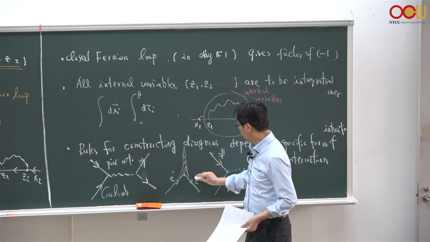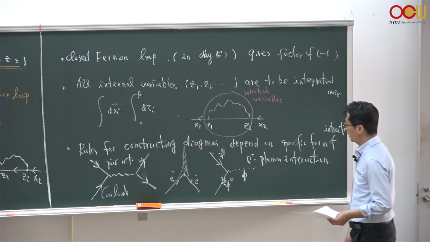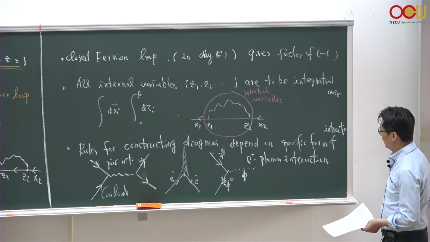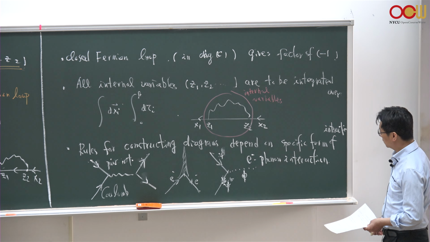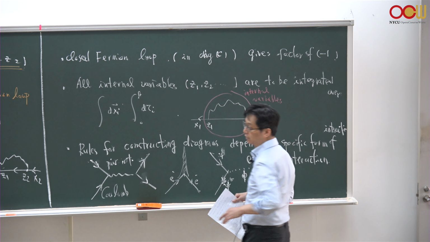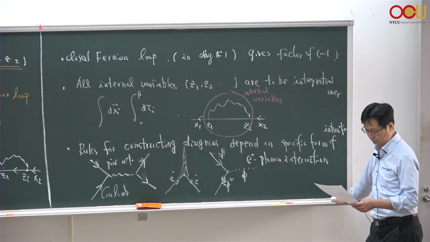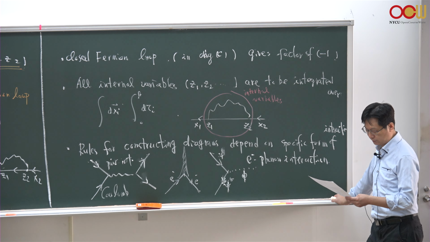So this is impurity, or disordered scattering. We will discuss that too. Of course, there are other types of interactions, but these three are the most fundamental diagrams for the interaction vertex. Let's take a short break.